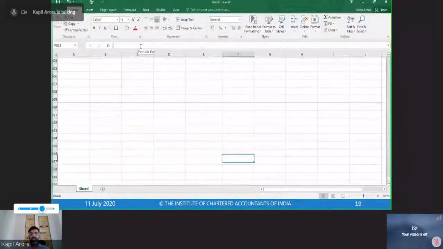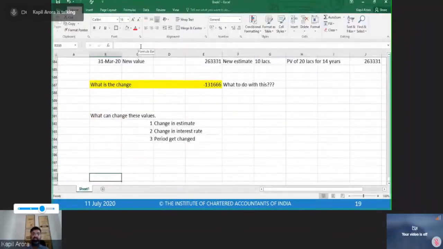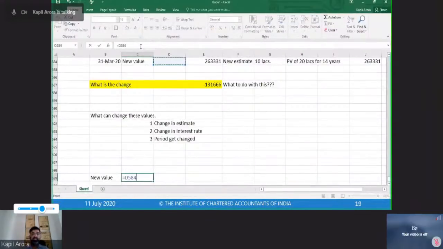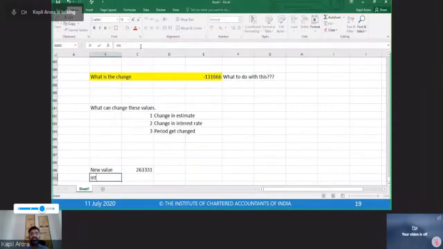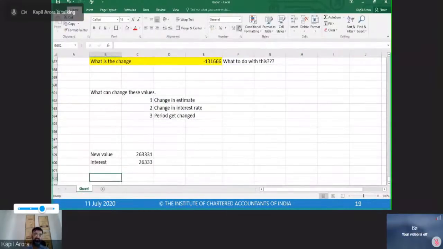Now, as my values change, as my new value of the liability or the provision is this, my interest for next year would be based on whatever would be my new value. So whatever would be my new value, on that basis I am going to charge the interest.